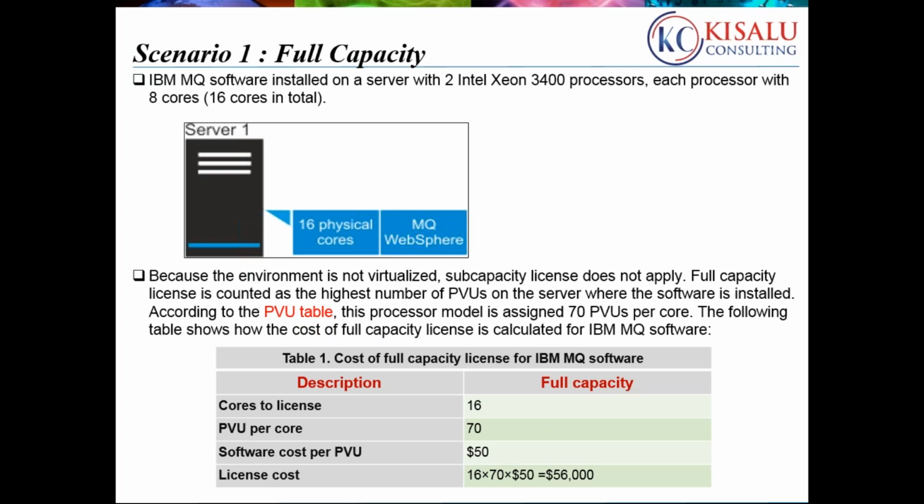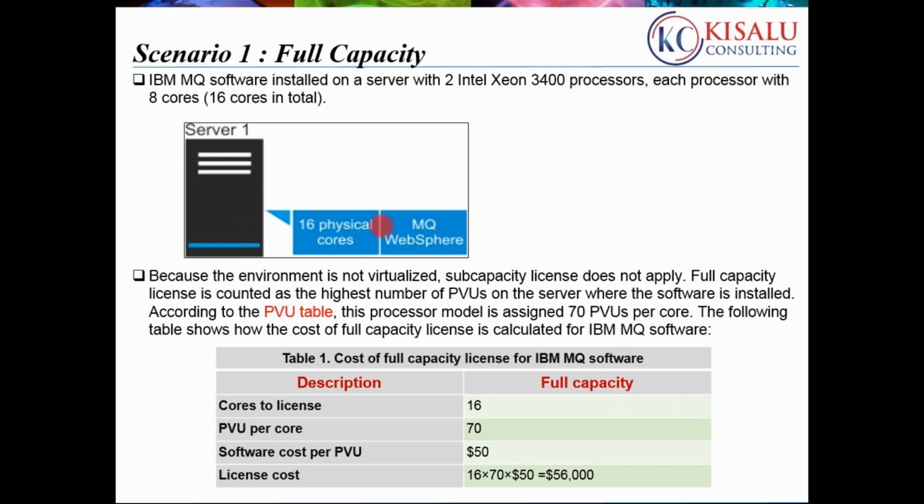So if MQ is installed on a server with two Intel Xeon processors, each of them with 8 cores, so we see this is the server. It has two processors with 8 cores each. So we have 16 in total.